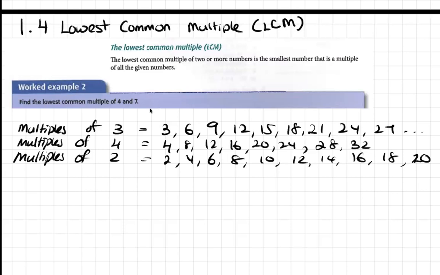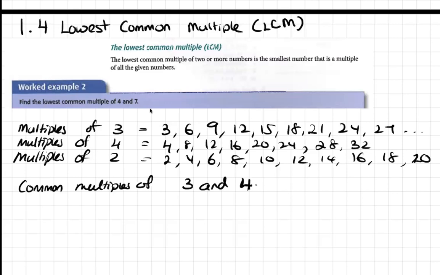So for example, what are the common multiples of 3 and 4? So it's not something completely new here. We just need to identify what is the lowest common multiple here, because we can utilize it in terms of fractions.